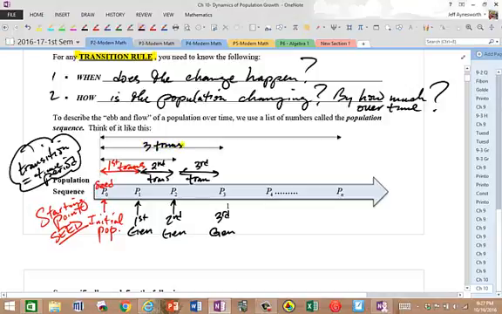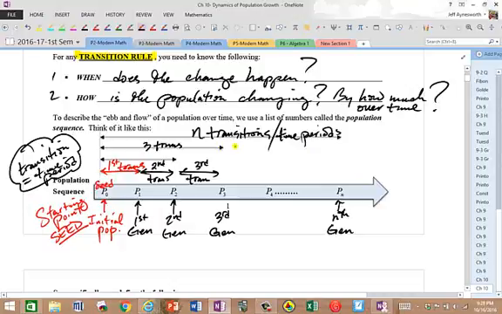In general, all the way to P sub n, this represents your nth generation, or the population of the nth generation after n transitions, or n time periods. Time periods, transitions, they're the same thing, just new terminology here, guys.